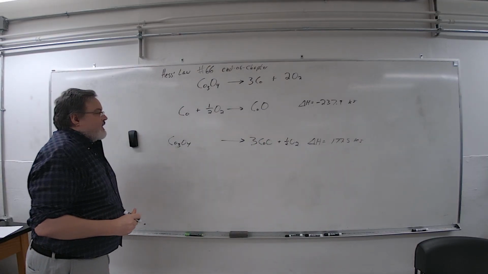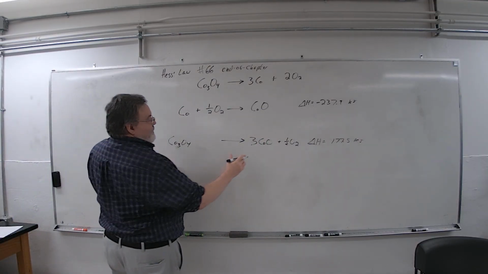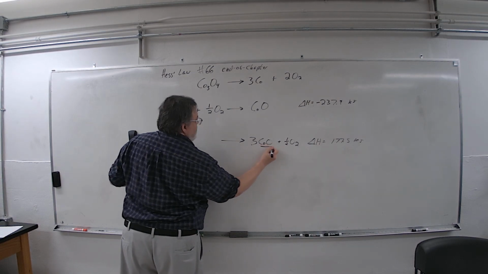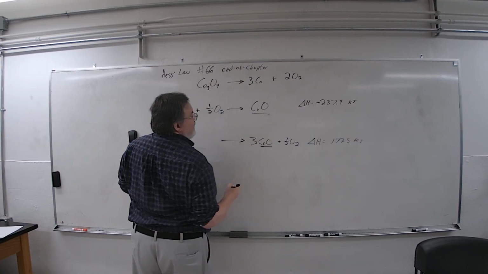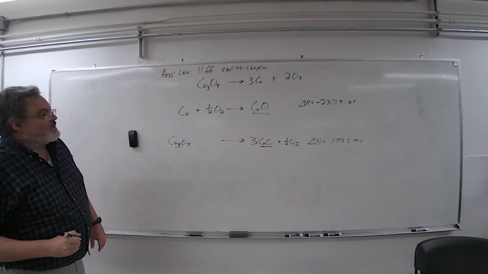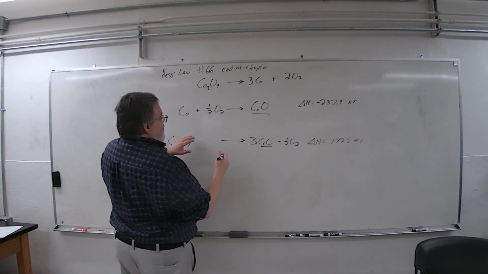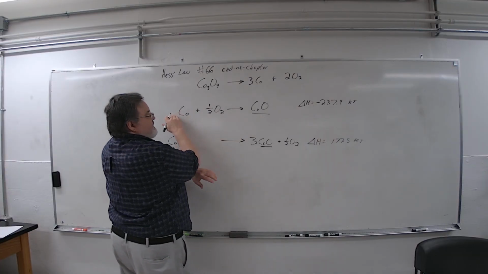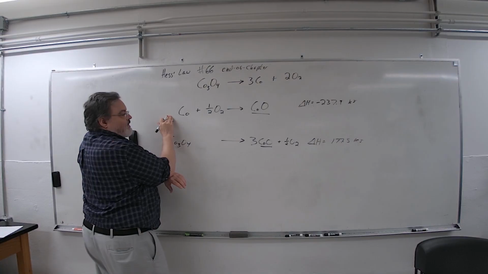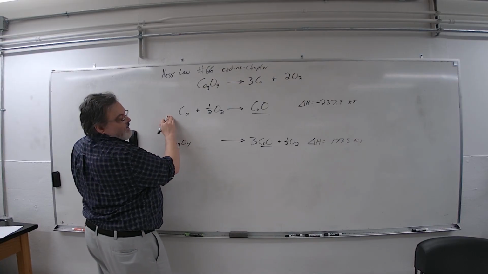So here's another thing I can do. I've got CoO here and CoO here. What I can do is flip this one around this way, so I have CoO on this side. So that's the first thing I'm going to want to do.